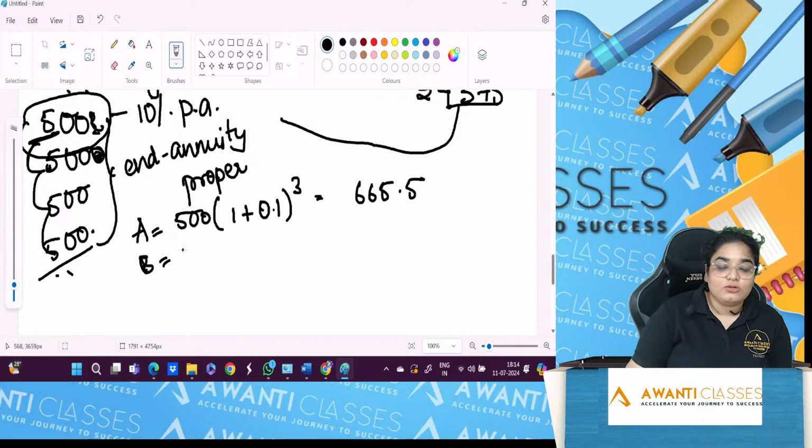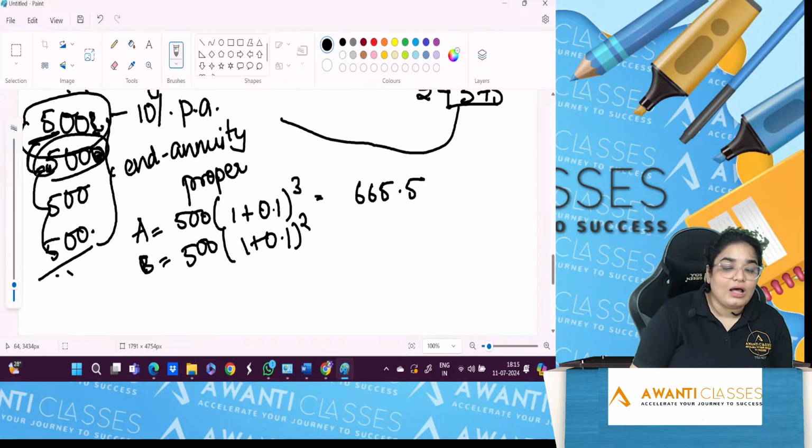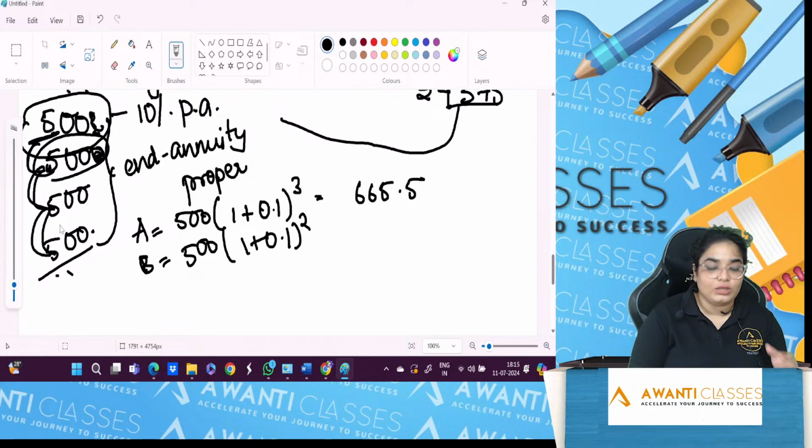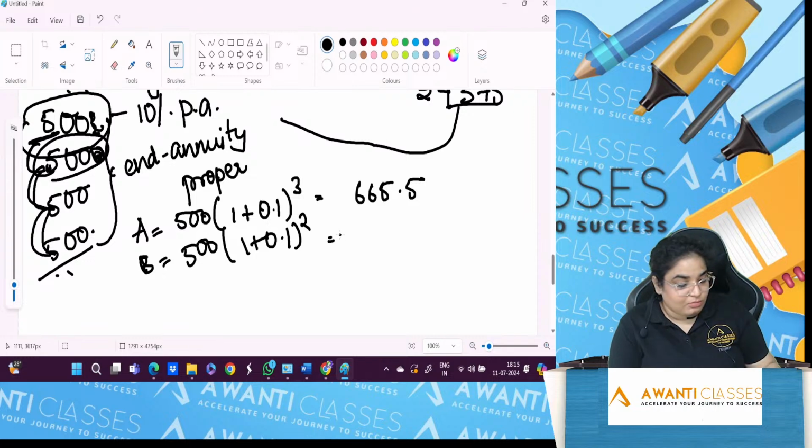Similarly, the B is also the same thing, 500 into 1 plus 0.1 to the power of how much? 2. Why 2? This second payment will last with the bank for 2 years. Yes or no? This will be how much?